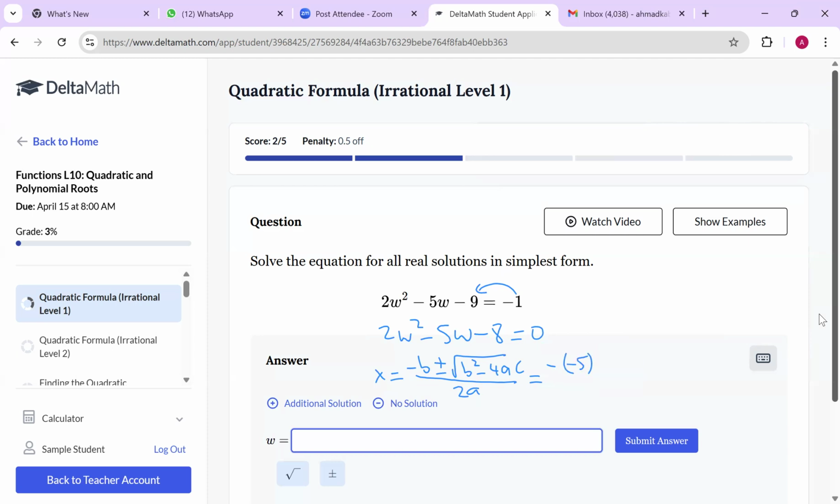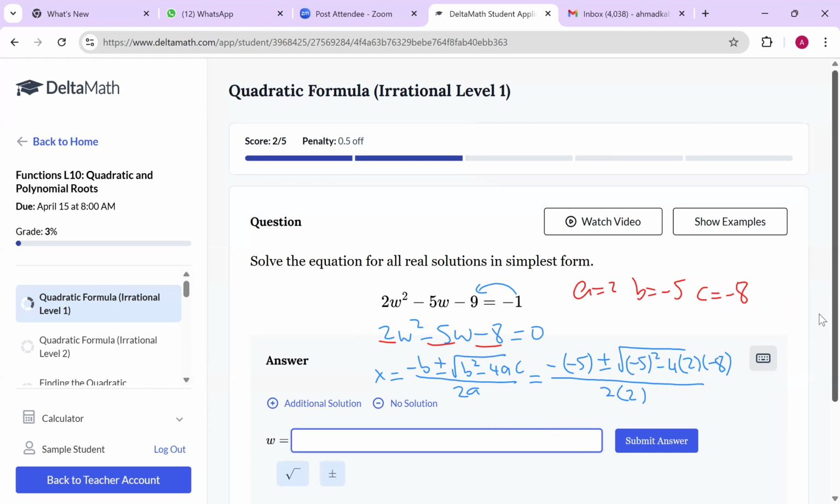And then plus minus root of b squared, which is -5 squared, minus 4ac, so minus 4 times 2 times -8, all over 2 times a, which is 2. Bear in mind that the a and the b and the c are these numbers here. So a is 2, b is -5, and c is -8.